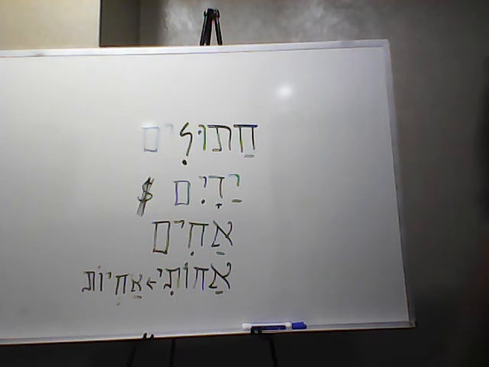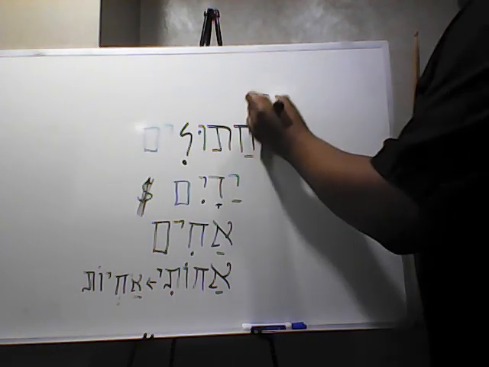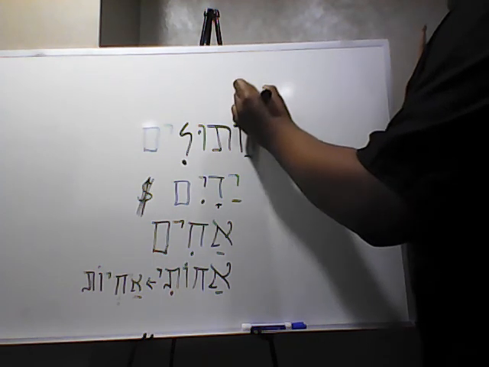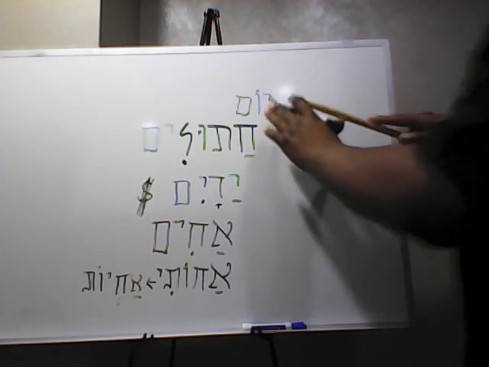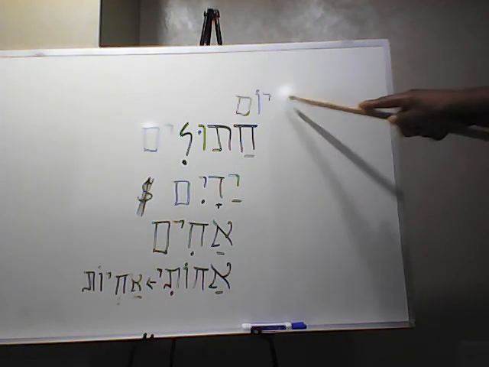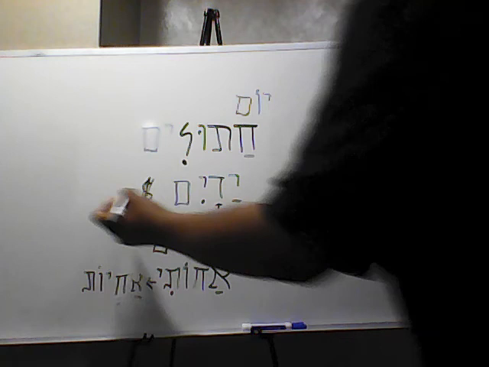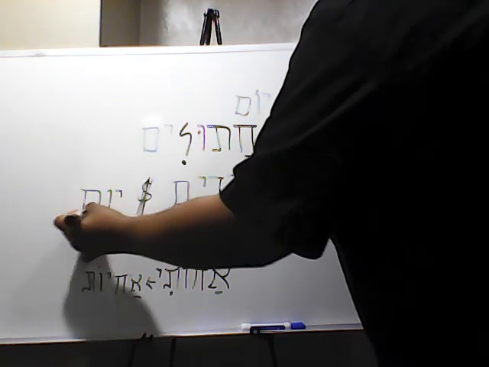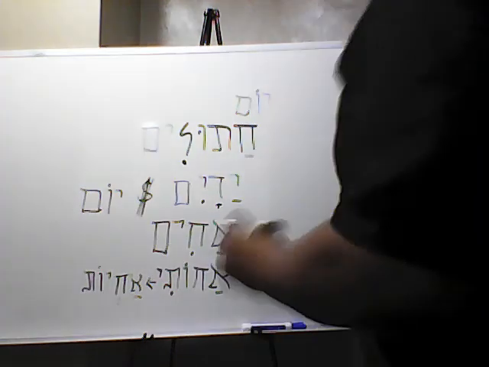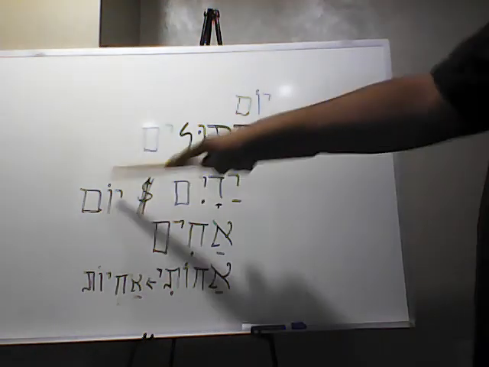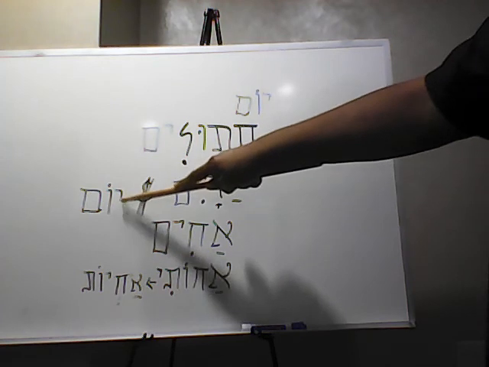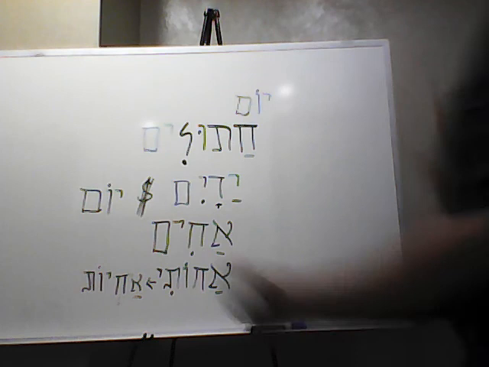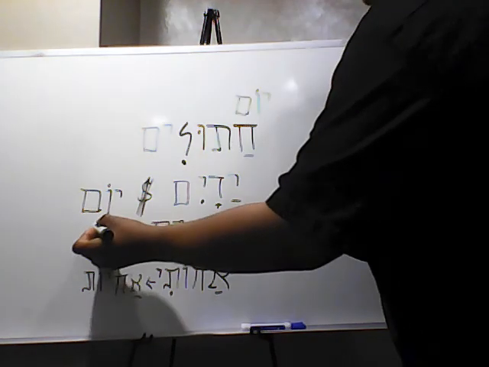Lastly, please follow along, here we have the word yom. Yom means day. The word yom also means time. Let me put it over here so maybe it can be seen even clearer. Here we have the word yom, meaning day or time. The word for days, you see this in Genesis 1:14, is yamim.